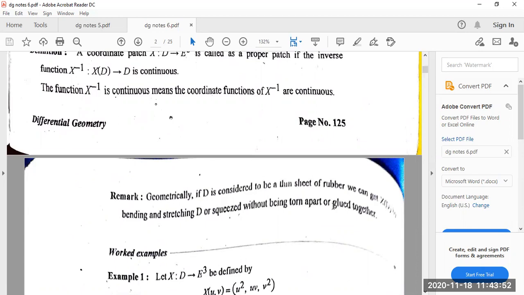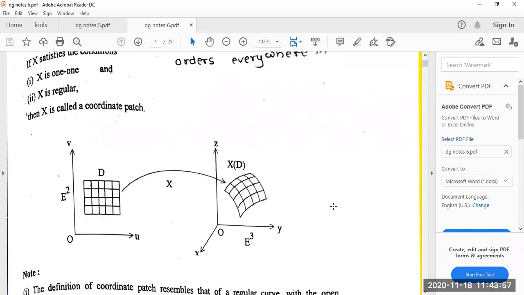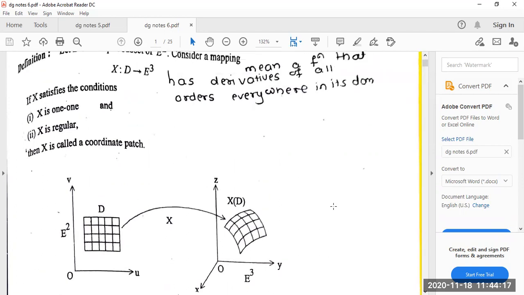Now one may have a question: how is the inverse function going to exist? Here, if you see, x is 1-1, and we are discussing everything in E3 space, so it is finite dimensional. So the 1-1 condition ensures the onto. So it directly shows that the inverse function exists. A mapping x is a mapping from D to E3.